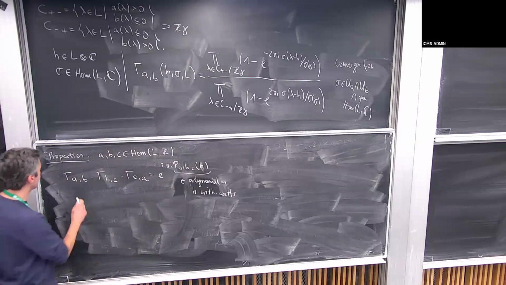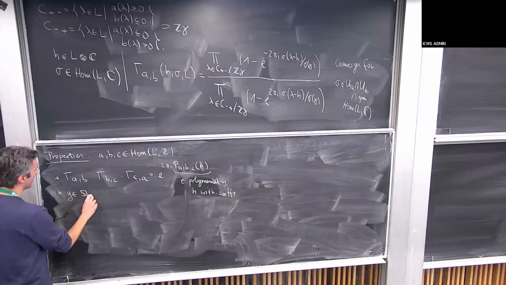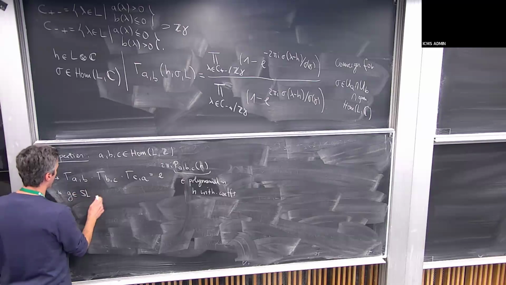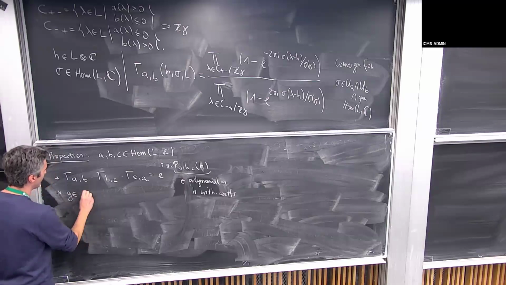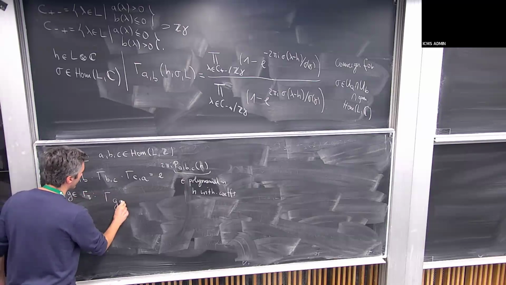The second thing that's important is that if I choose G in this group gamma 3, then this thing is equivariant.